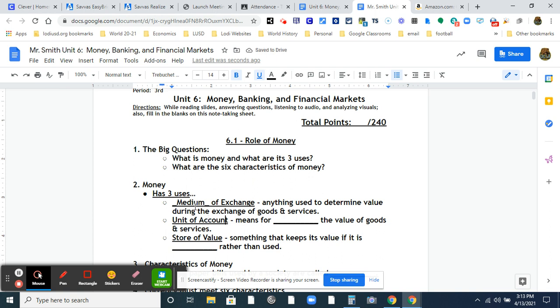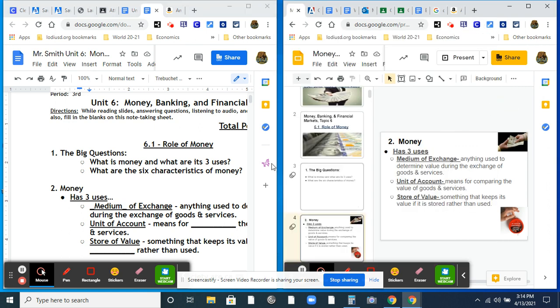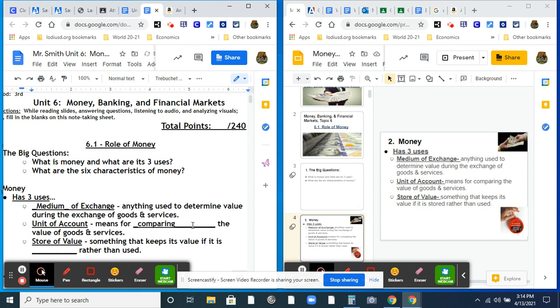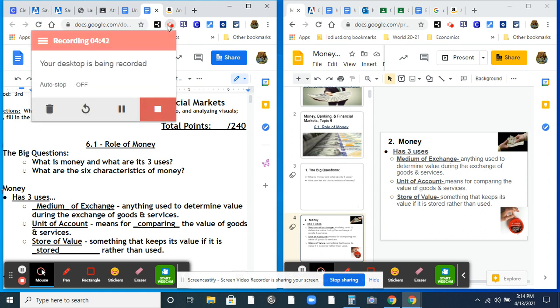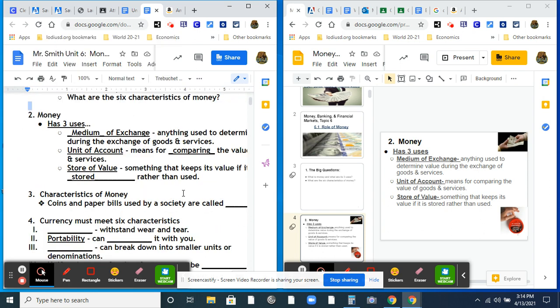Unit of account, a means for comparing. And store of value, something that keeps its value if it is stored rather than used. Okay. Let's go to the next one.